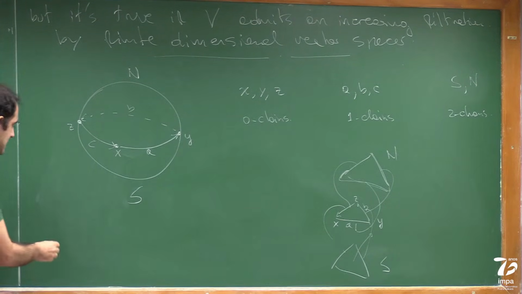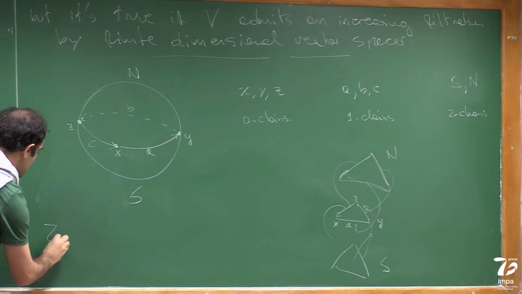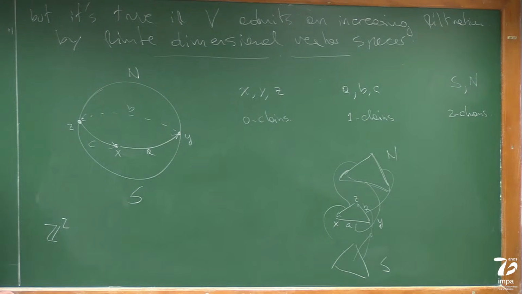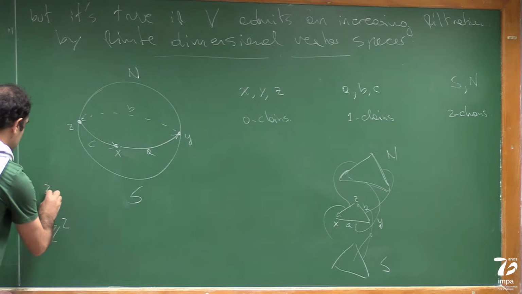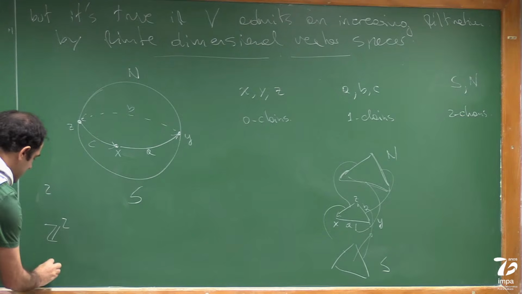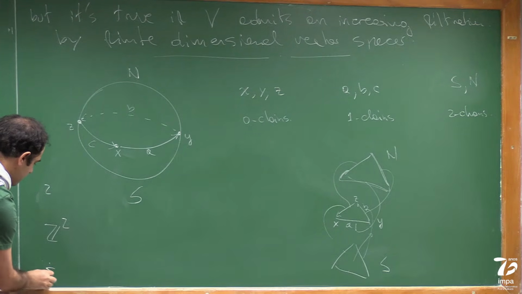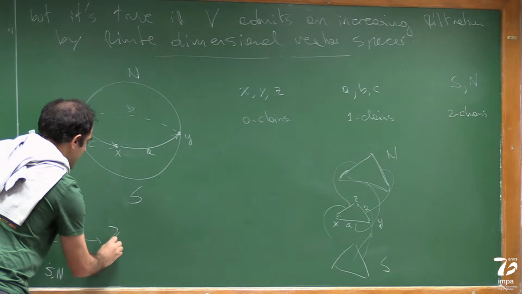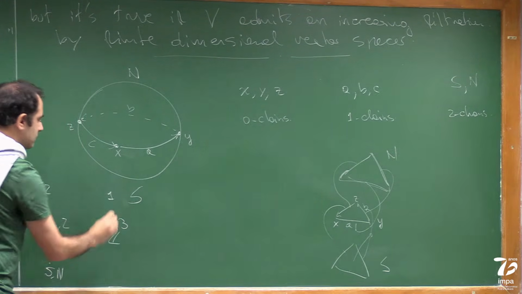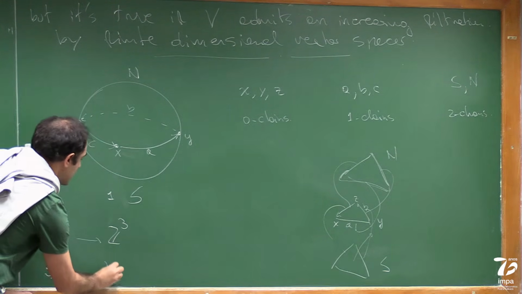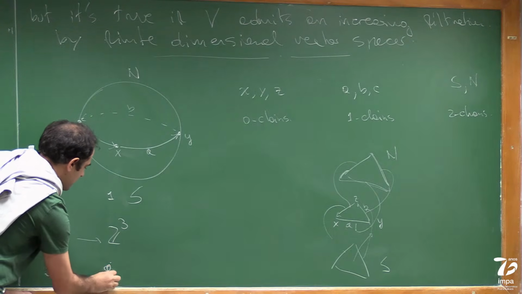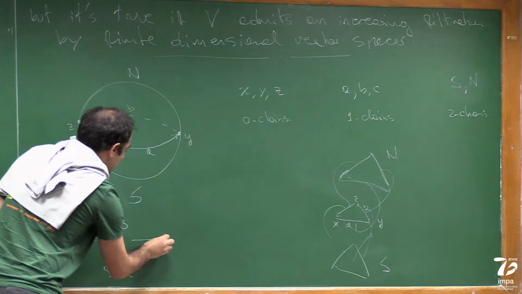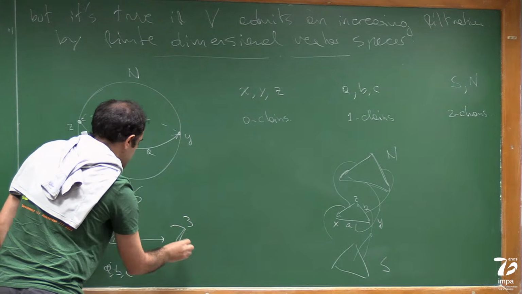So this is a complex that has Z2 in degree 2. The basis is A south and north. It has Z3 in degree 1. The basis is X, Y, A, B, and C. And it has Z3 in degree 0.